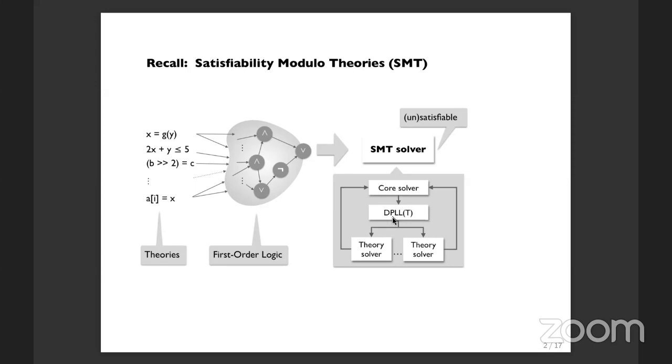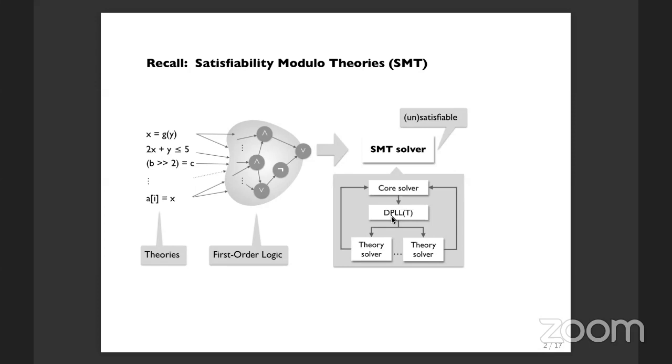The algorithm for the SAT solver is called DPLL. That is what you will see today. In an SMT solver, the basic SAT solver, the DPLL solver, is adapted to interact with several theory solvers, and that's why there is this T in parentheses added to it.